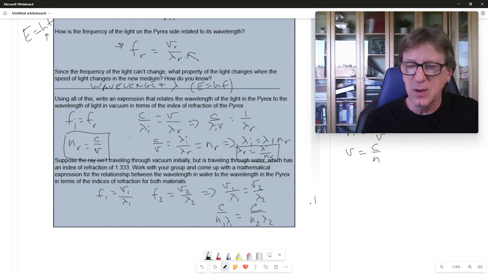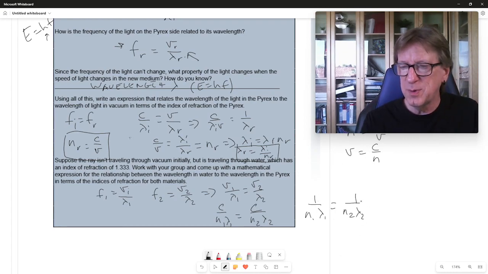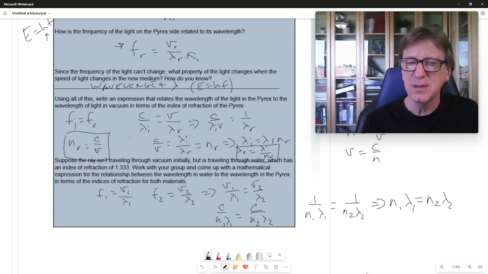And so I can get 1 over N1 lambda 1 is equal to 1 over N2 lambda 2. But that's a little bit weird, but we can obviously just invert everything. And so here is our relationship between the wavelengths for any media. And so you see that we're getting the same thing that we would have gotten up here. It's just that I haven't multiplied through by the N1.